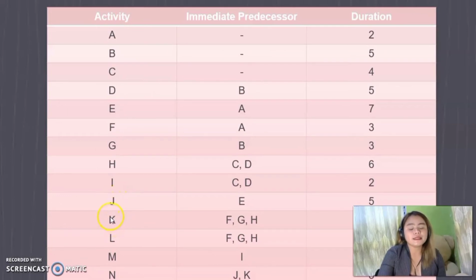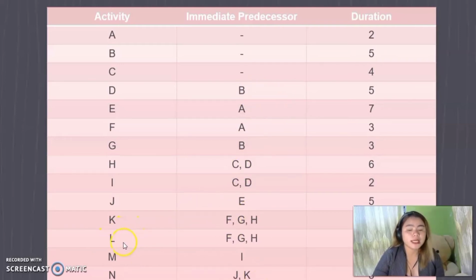So look at the following three activities, the L, M, and N. These activities are not an immediate predecessor for any other activity, as you can see.